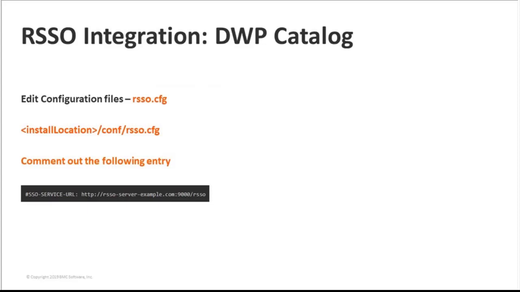It doesn't use the parameter from this file, but instead uses the SSO service URL parameter in the RSSO admin console under the general and advanced section. It uses that parameter, so you have to populate it with the SSO service URL so that this AR server can authorize the users.